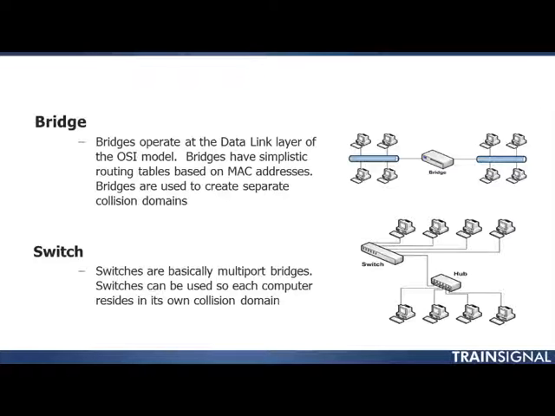Now, I want to be real cautious in my description here and any diagram that we'll use to look at this, because when I say different networks, we could also talk about a router separating different networks. And we'll look at a router in more detail in just a moment, but let's talk about the functionality aspect of how a bridge separates these networks. Okay, a bridge has a very simplistic routing table, which is based on MAC addresses.